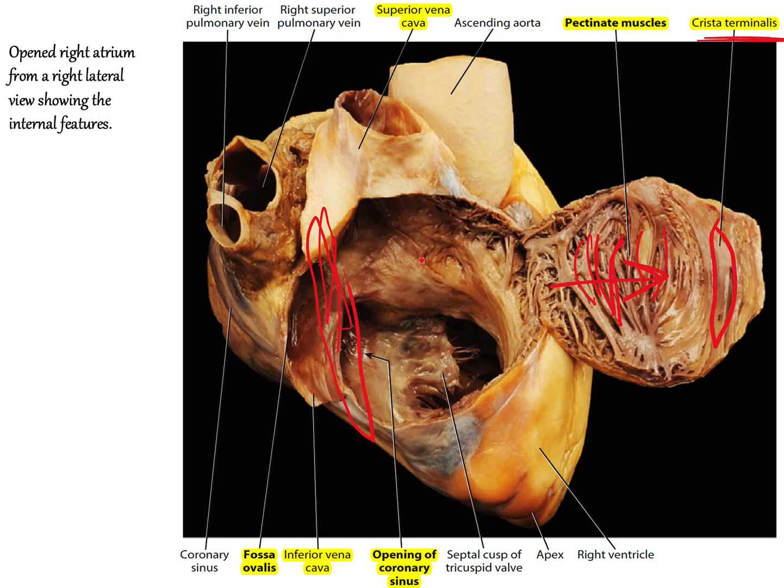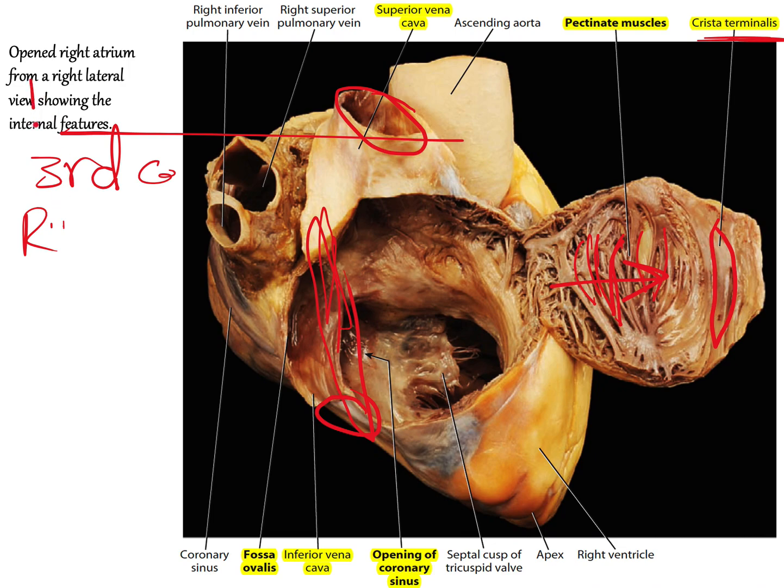Okay, so this is the opening of the superior vena cava, and this is the opening of the inferior vena cava. One thing I would like to mention is that the superior vena cava pierces the heart at the level of the third costal cartilage.